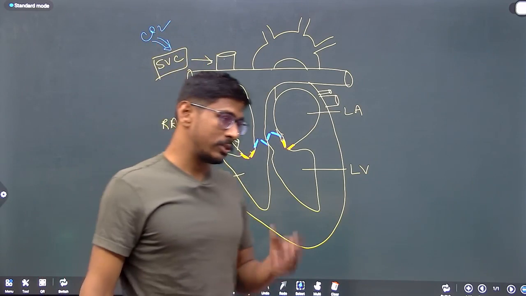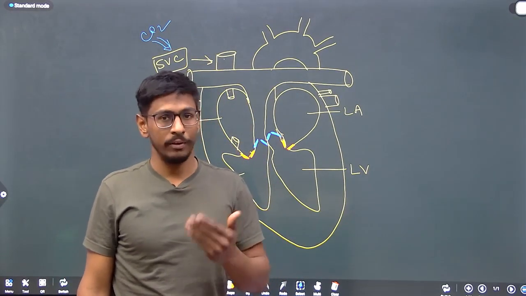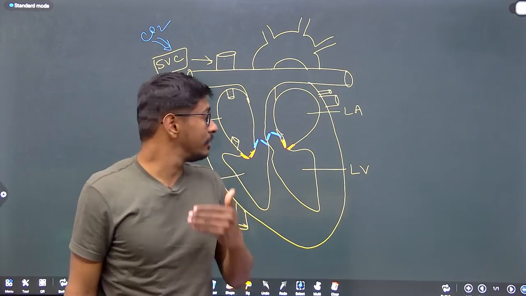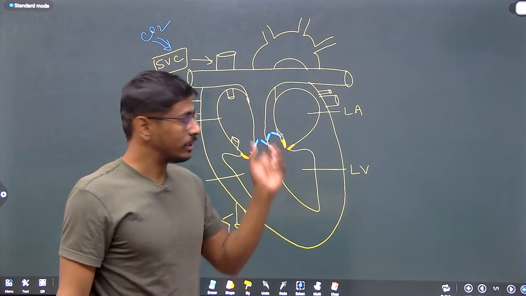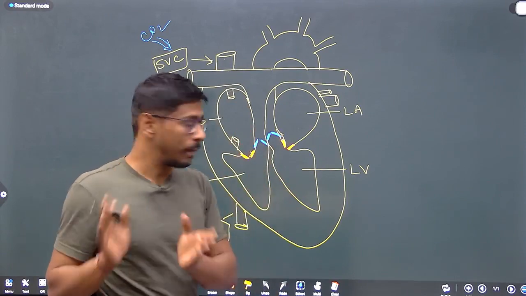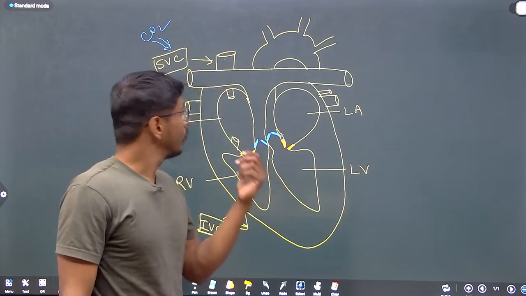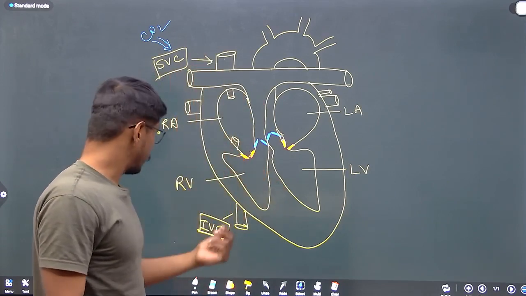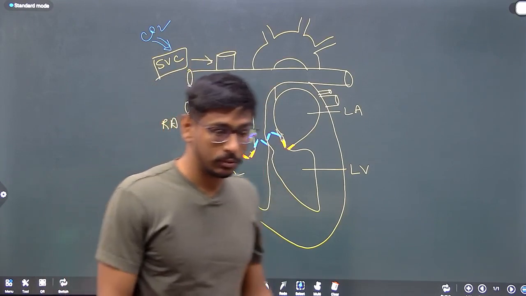Where this CO2 comes from, we will discuss in some time. Let's assume that from somewhere the CO2 came to this superior vena cava and inferior vena cava.